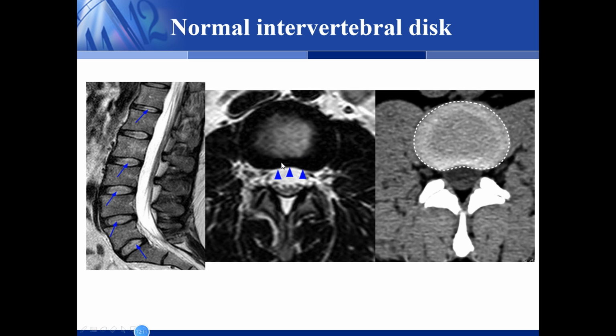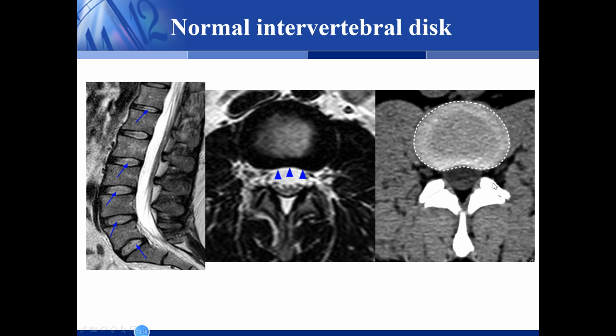So the tissue in the MRI is very clear. Here is the nerve root, and here is the spinal canal. So this shows the normal, and the disc is in it and hyperintense.